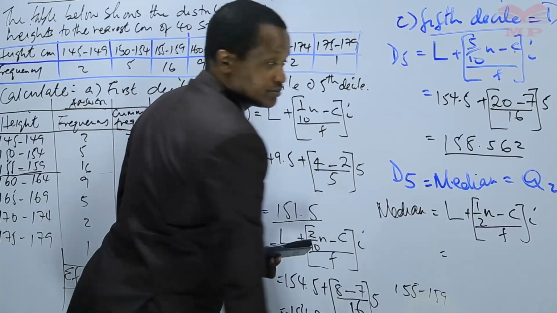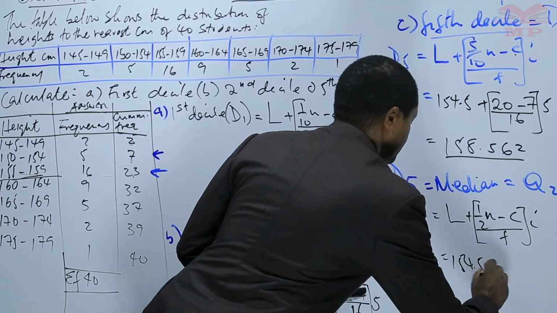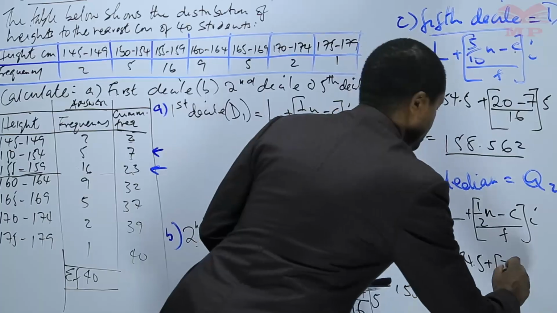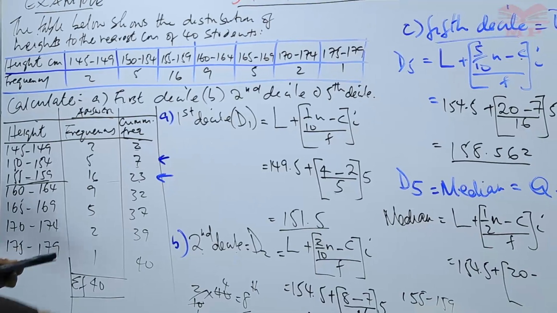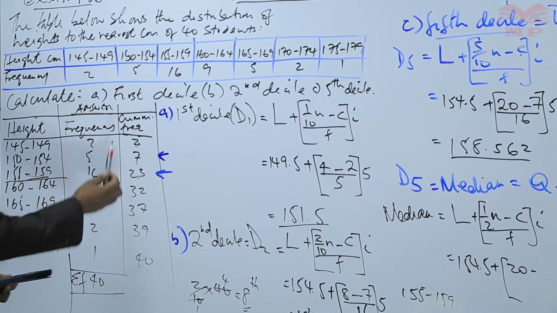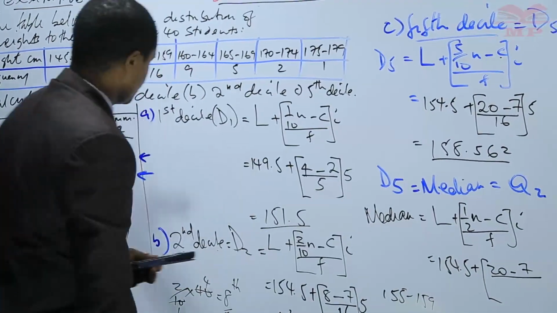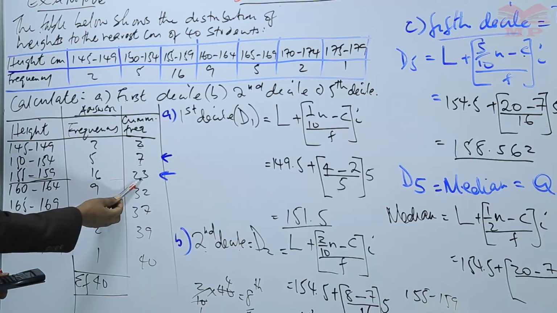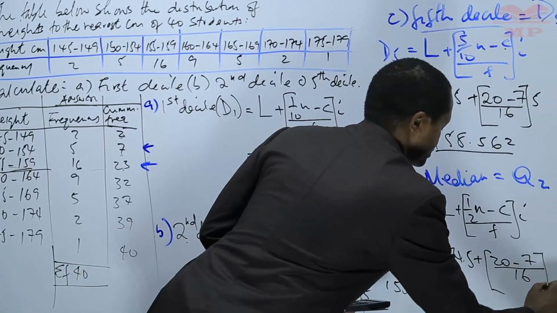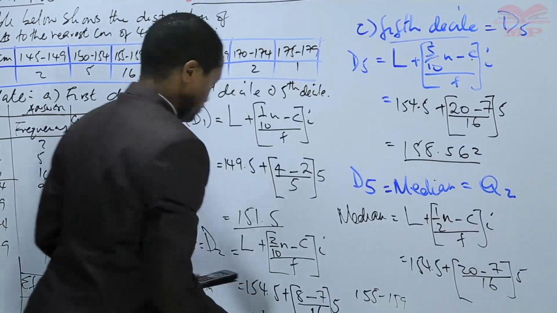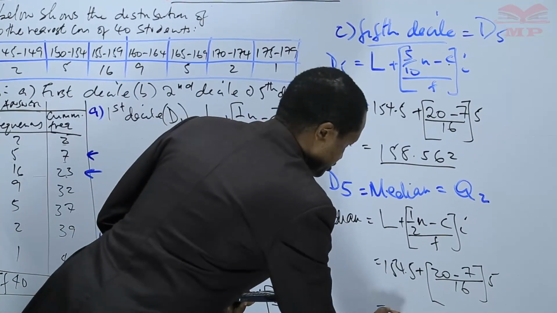Therefore, the lower class boundary is 154.5 plus 20 minus the cumulative frequency before the median class, which is 7, divided by the frequency of the median class, which is 16, times the class interval of 5. You can see, learners, that these variables are the same.